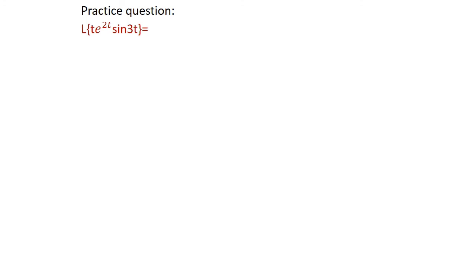What is the approach to solve this question? Can you identify the value of f of t? Yes, it is very clear. Here we write this question in the form of e to the power 2t times t sin 3t. So here the function is t sin 3t.